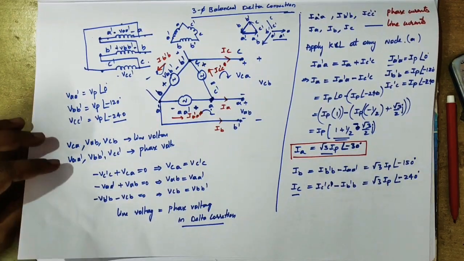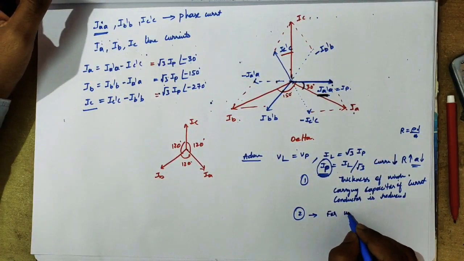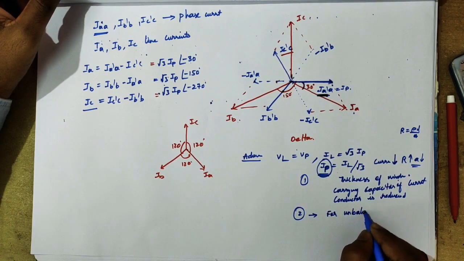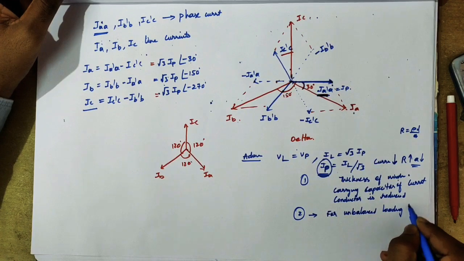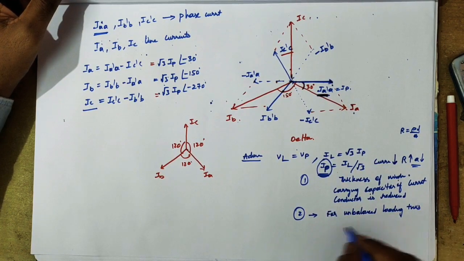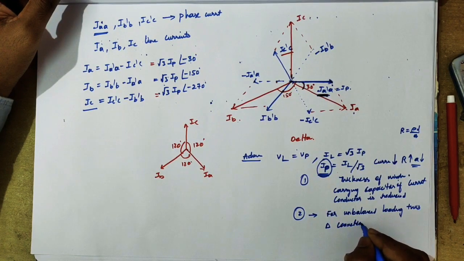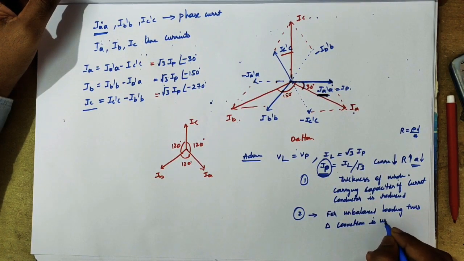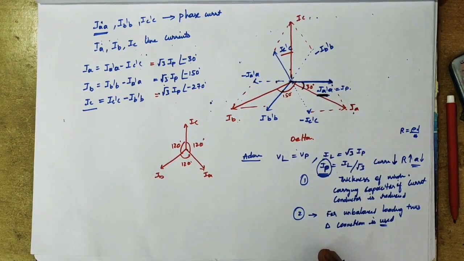This delta connection is used for unbalanced loading. It also has disadvantages. The disadvantage is that it does not have a neutral.